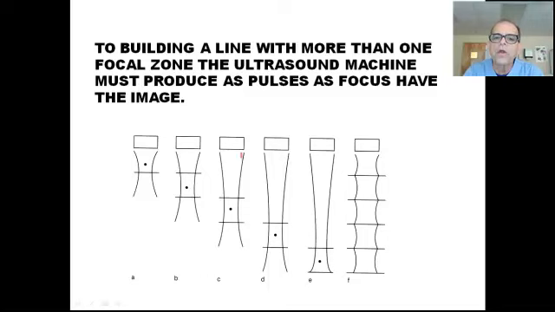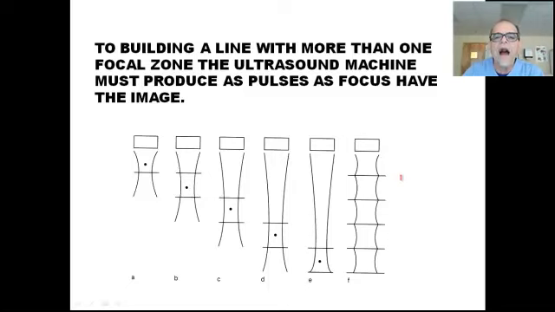If the machine is working with only one focal area, the machine only needs one pulse to produce one line. But if the machine is working with 5 focal areas, the machine needs 5 pulses to produce only one line. And when the machine needs 5 pulses to produce only one line, the frame rate goes down.